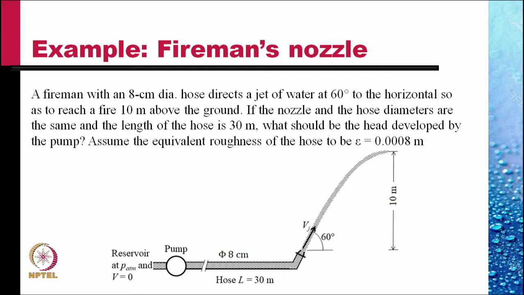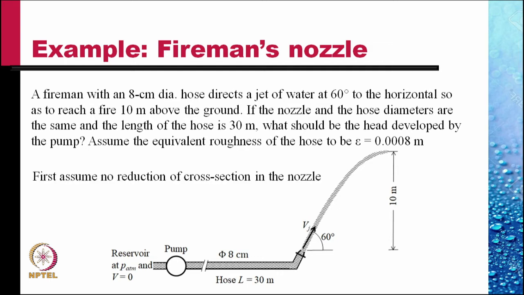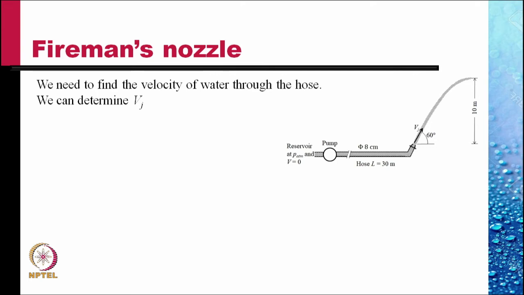And the second part of the head required is to overcome the losses in the 30-meter length of the hose. So, we will first determine the velocity required. Assume no reduction in the cross section in the nozzle.